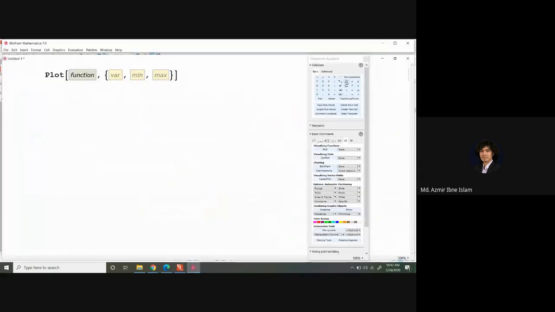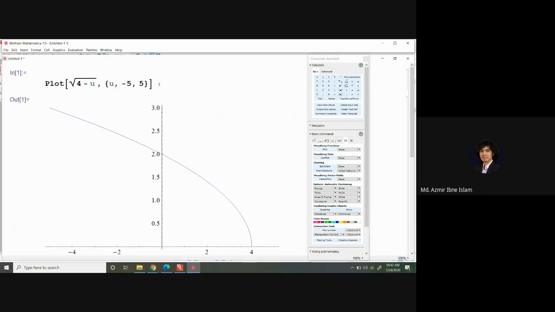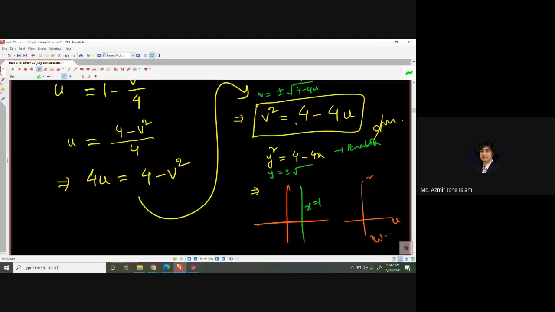Here we have the positive root of 4 minus u. The input variable u, we're taking from -5 to 5, and we are getting one figure. We have just drawn the figure for positive, and let's draw for negative similarly.